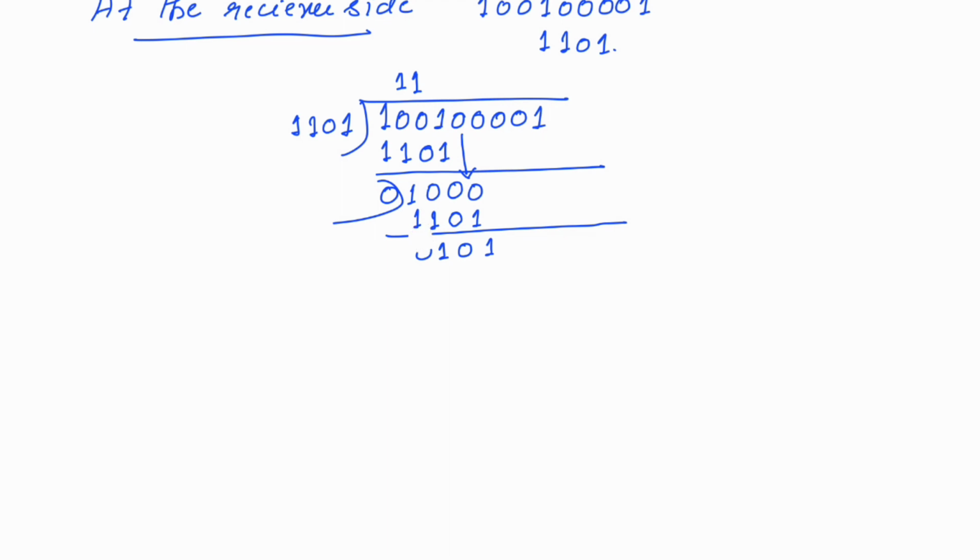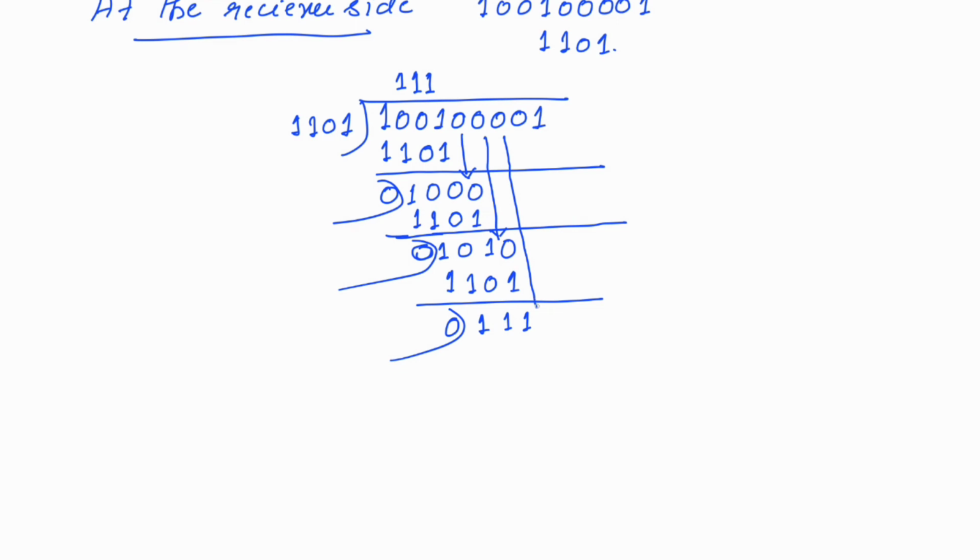This 0 will not be considered. Now next, bring down this 0. 1101. Perform the XOR operation.